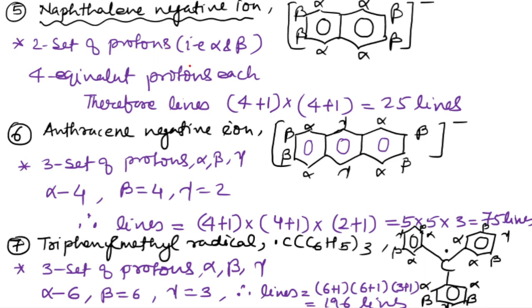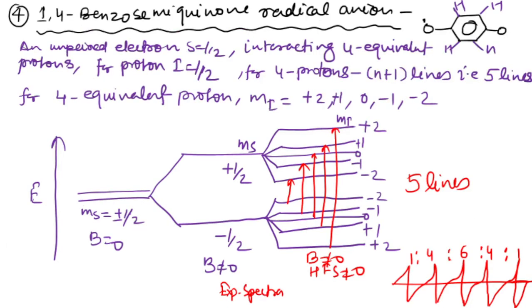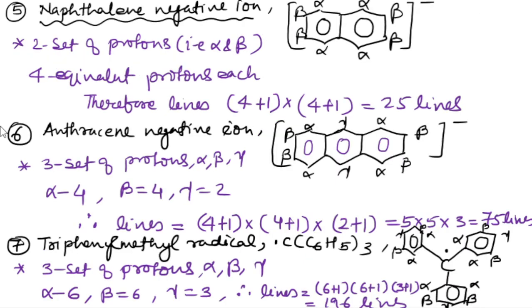Here there are no radicals present. Here an anion is present, with a minus sign. In the earlier examples we got lines through radicals, but here we will get lines through anions that contain protons. So this is the naphthalene negative ion, and this is the molecular structure.